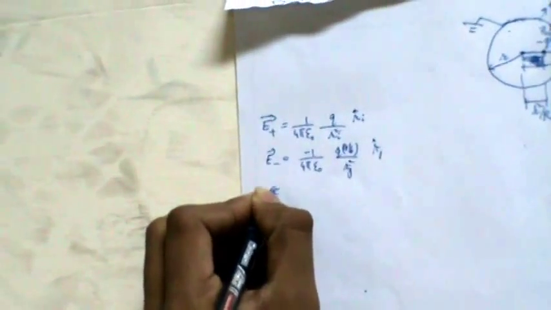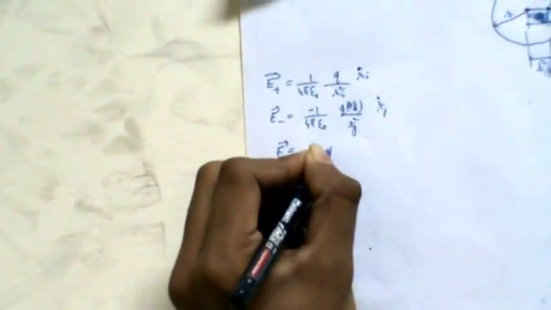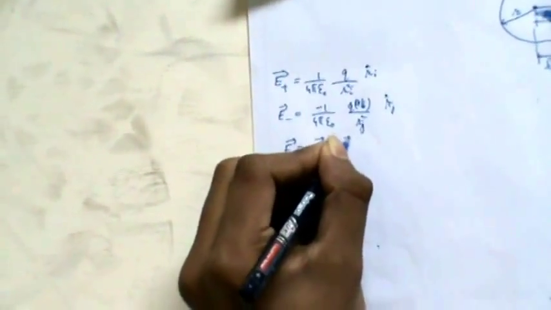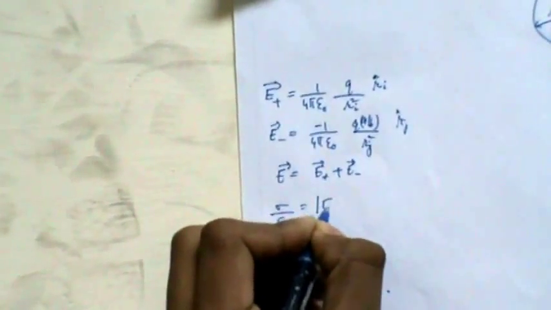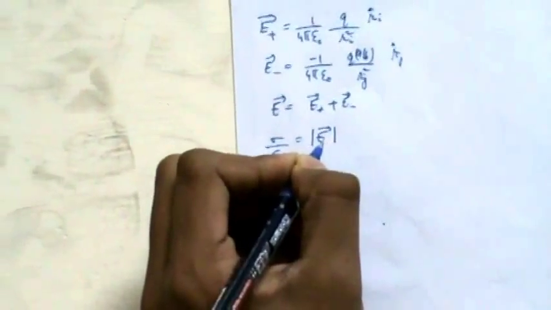Vectorially add these two, E is equal to E plus plus E minus, and use that sigma by epsilon naught is equal to the value of this electric field. So this should give you the answer for sigma everywhere. That's it.